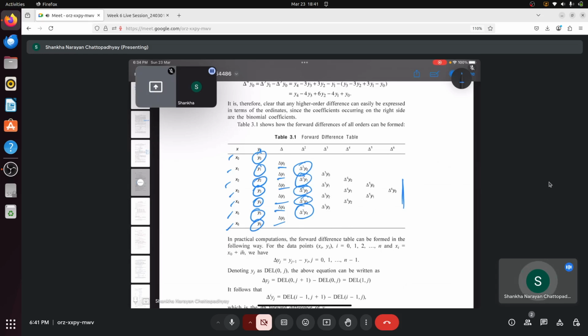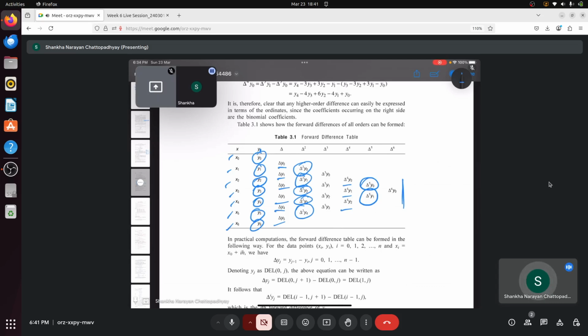But it can also terminate somewhere. It may happen that you get all these things equal, so that means these terms can become 0. But at most you can have 6th order forward differences if you have 7 equispaced data points.